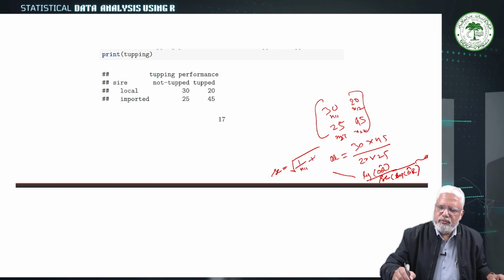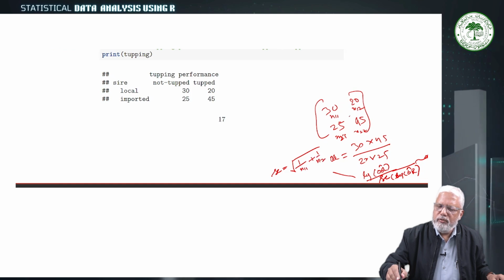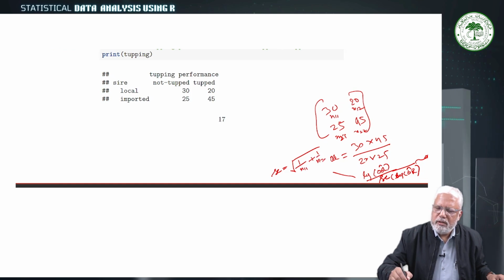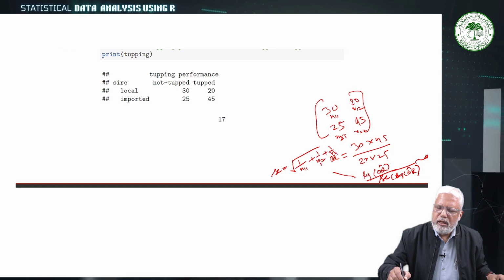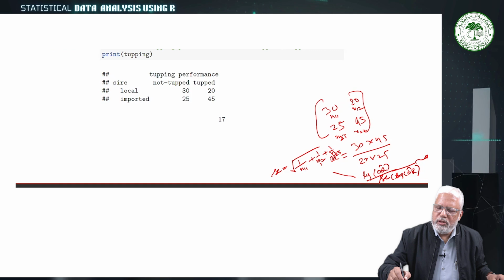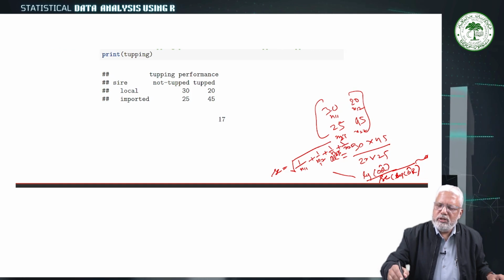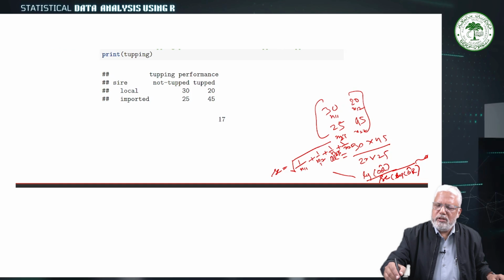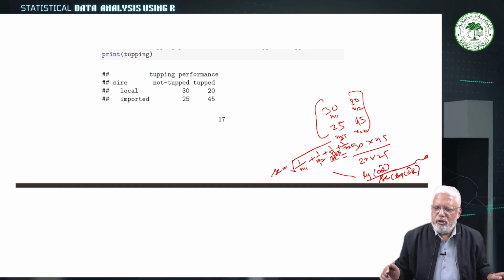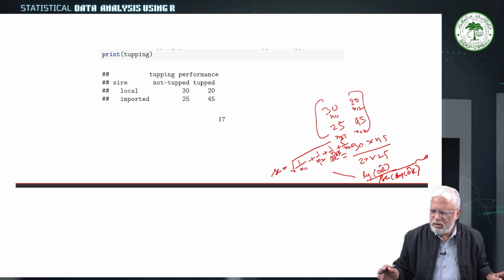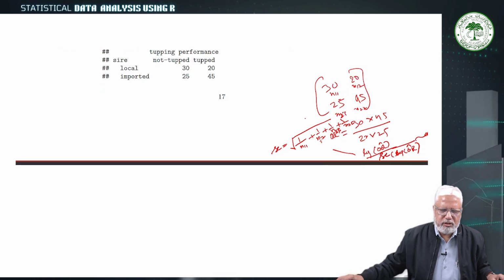So it is 1 by n11 plus 1 by n12 plus 1 by n21 plus 1 by n22. These are the inverses of these values, and that is the standard error. It has been obtained by using the delta method, which is a different concept. This is an approximate test.